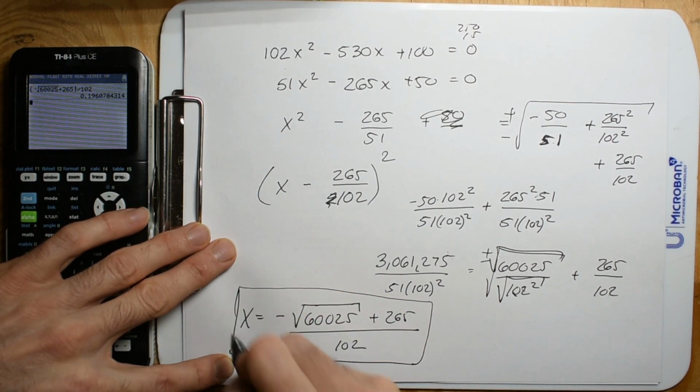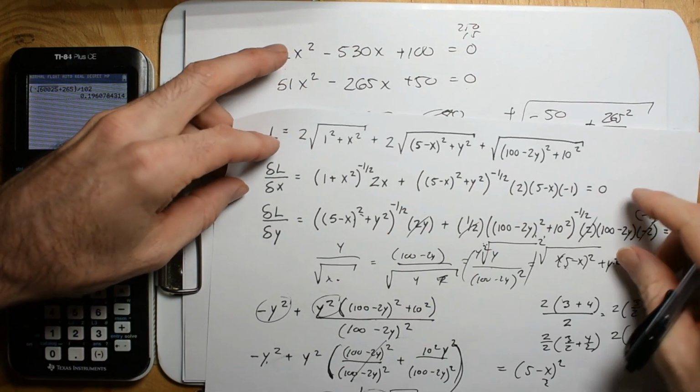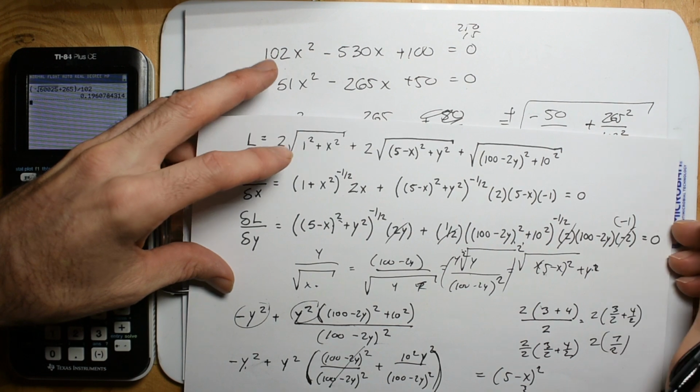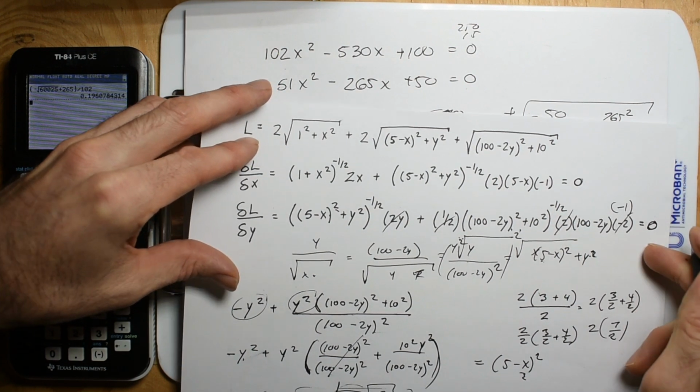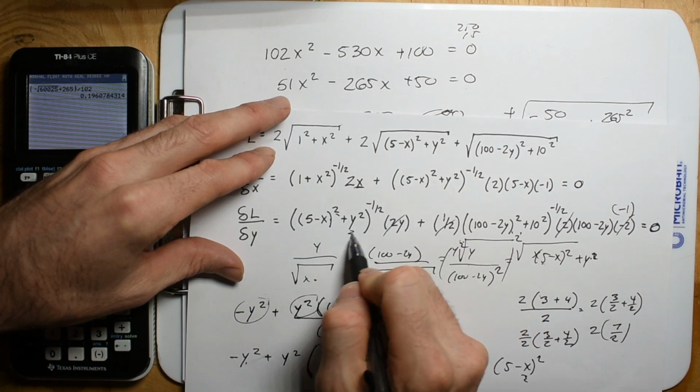Hell yeah. This was satisfying, because back at the beginning we had two partial differential equations that we set equal to 0, and it's a system of equations. They both have an x and a y.